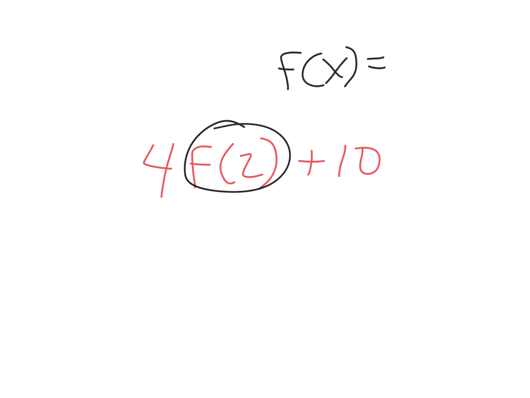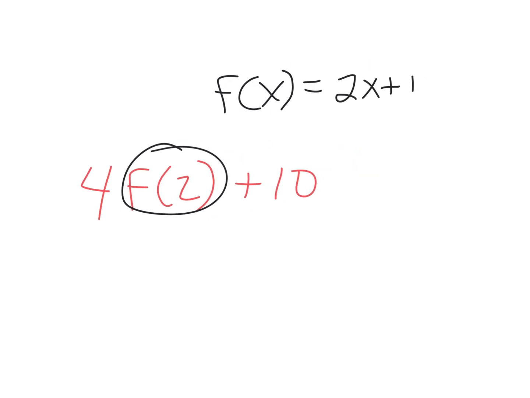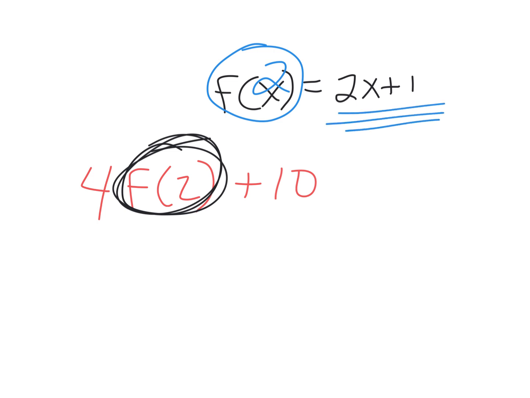F of x is equal to 2x plus 1. I'll go help the teacher that's at the door and you figure out f of 2 first and then finish it off. Once you stick the 2 into the f function, well, let me do it. I'll stick a 2 in right here, and all that says is f of 2. It's like a label. That's where you actually get the answer. 2 times 2 is 4 plus 1 is 5. So this is a 5.